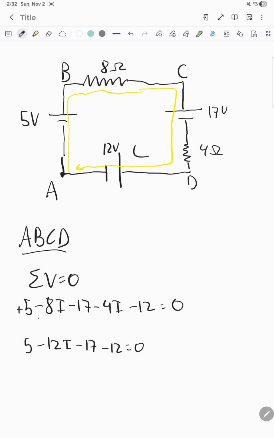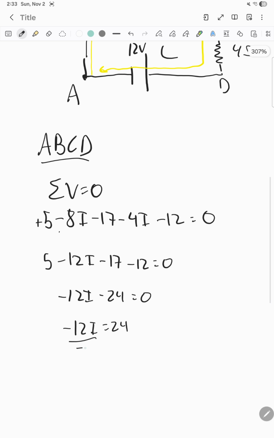You have 5 minus 17 minus 12, which would give negative 24. So you have minus 12I minus 24 is equal to 0. So you'll have negative 12I is equal to 24. And then you'll just divide like this. And so I gives you negative 2 amperes.